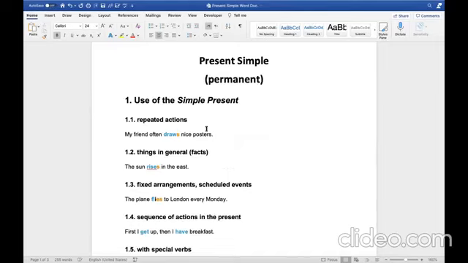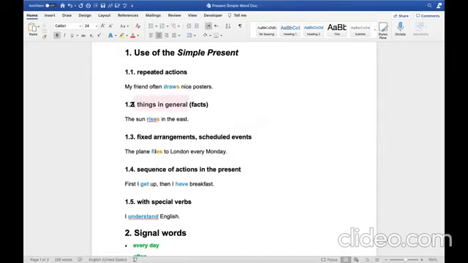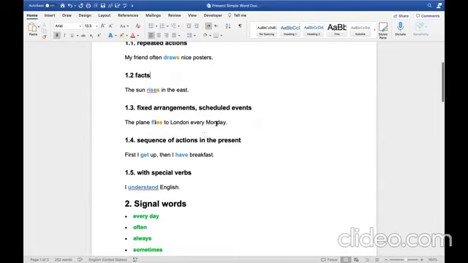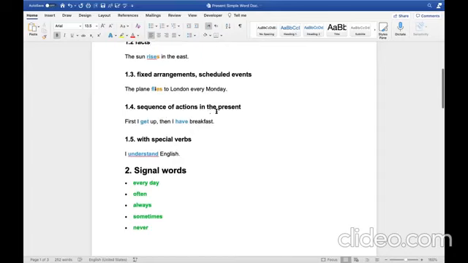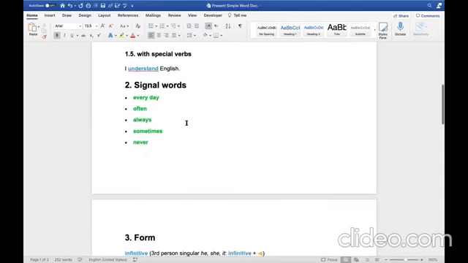That lasts for a long time. We use it for repeated actions, for facts, things in general. We can use it for fixed arrangements or scheduled events, like, for example, the plane flies to London every Monday. This is a schedule. Sequence of actions, like, first I get up, then I have breakfast. And with special verbs like the verb understand. The signal words are everyday, often, always, sometimes, and never.